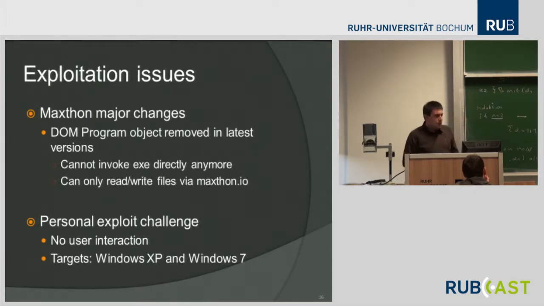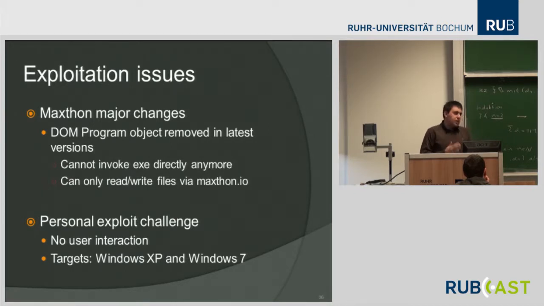After some releases, they removed those APIs. So the only thing I can do now is, if I can inject in a trusted zone in Maxthon, I can read and write files on the operating system. But I cannot directly execute anything. Before it was possible, and I'll show you.